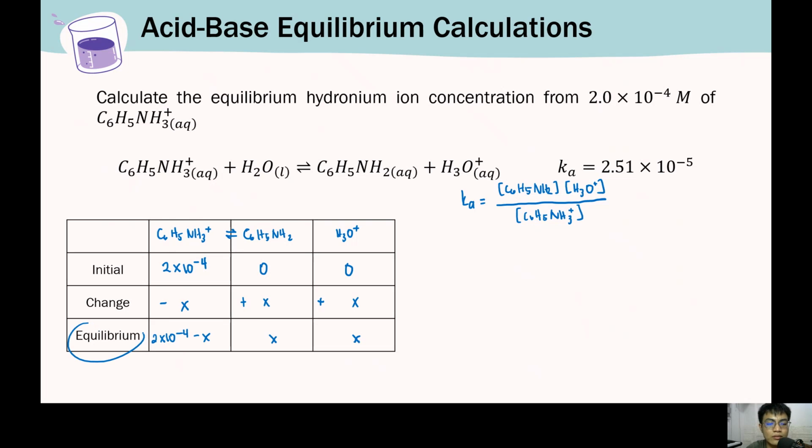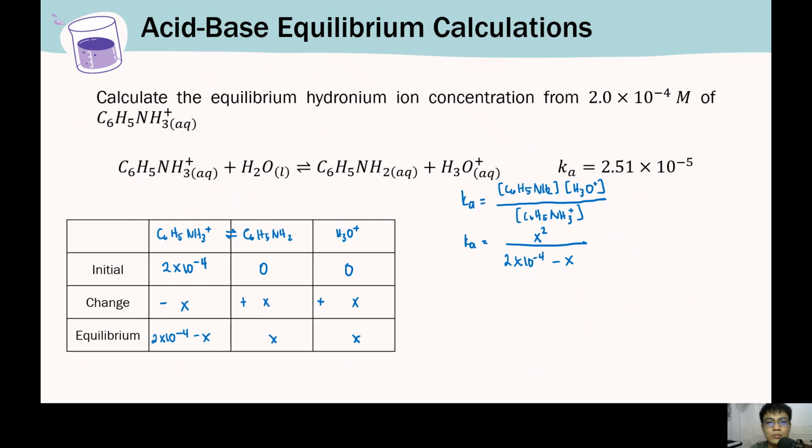Then let's plug in all the equilibrium concentrations, including the Ka, but I won't write the Ka yet. For the numerator, this is x, and this is another x, so that will just be x squared. Then for the denominator, I have 2 times 10 raised to negative 4 minus x.